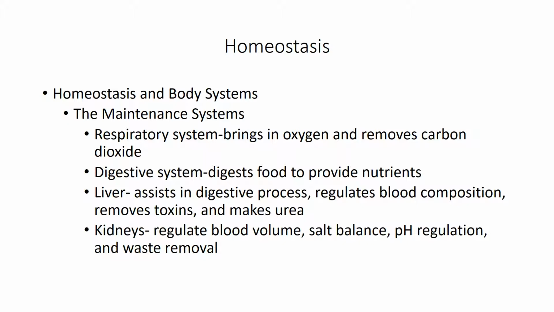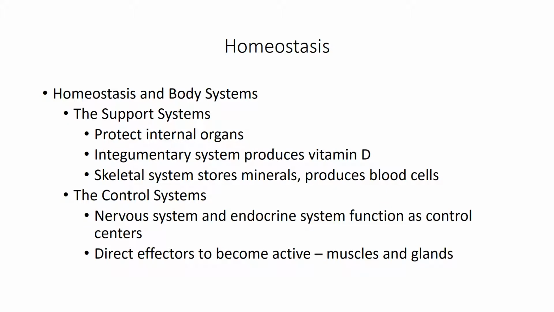Now, there are maintenance systems to keep everything in check. You have a respiratory system, of course, to help you bring in oxygen and remove carbon dioxide. You have a digestive system for processing our nutrients and calories. You have your liver, which removes a lot of toxins and helps regulate your blood composition. And then you have kidneys, which are very important for maintaining blood volume, salt and pH balance, and also removing waste.